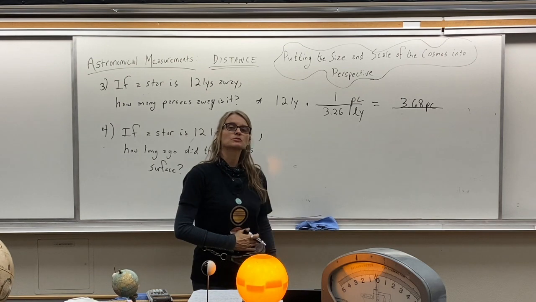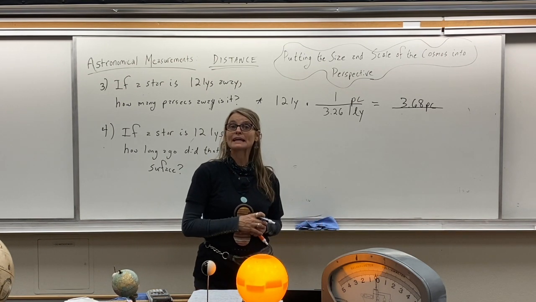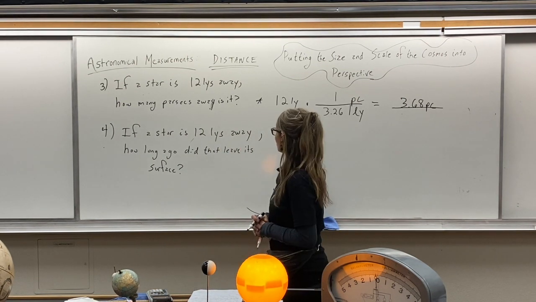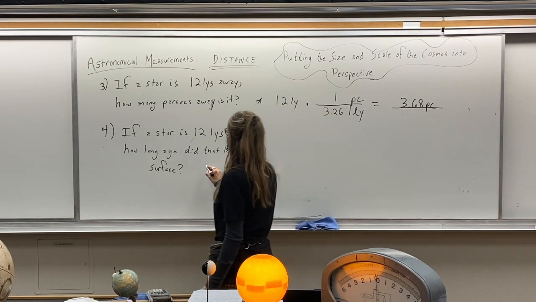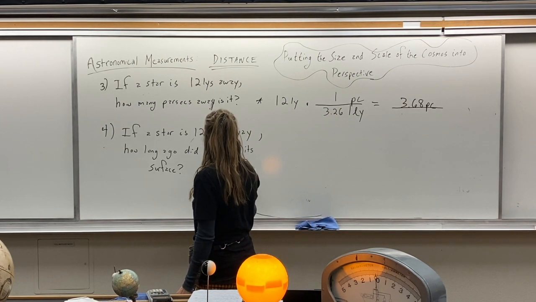If a star is 12 light years away, how long ago did that light leave the surface? Well, that would be 12 years ago.